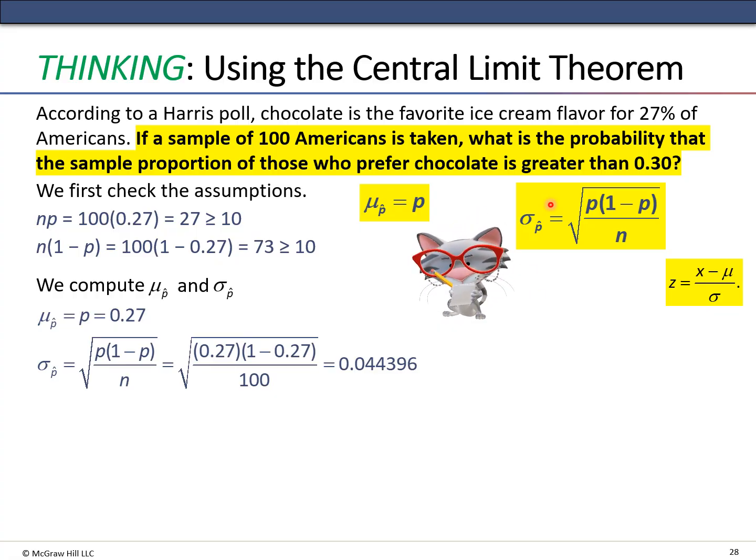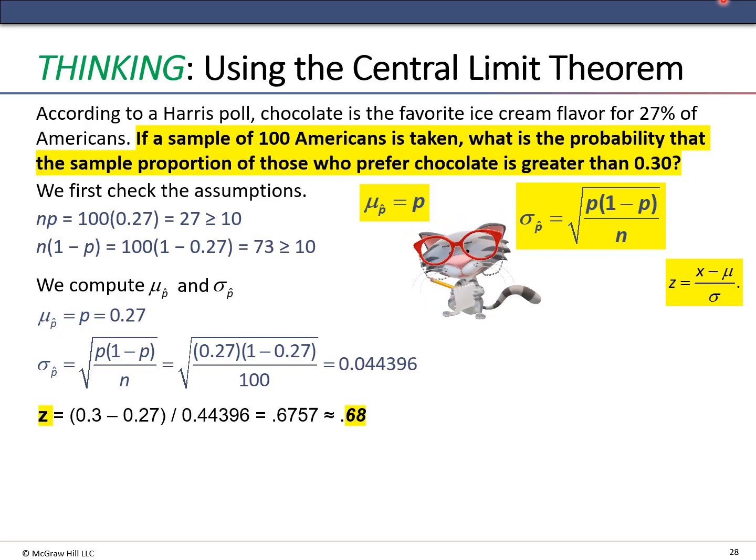Okay, so we get 0.27 for the mean, 0.044396 for the standard deviation. We can now calculate a z-score for this specific example, where our x value is 0.30 minus 0.27, that's our mean, all over our standard deviation, right?